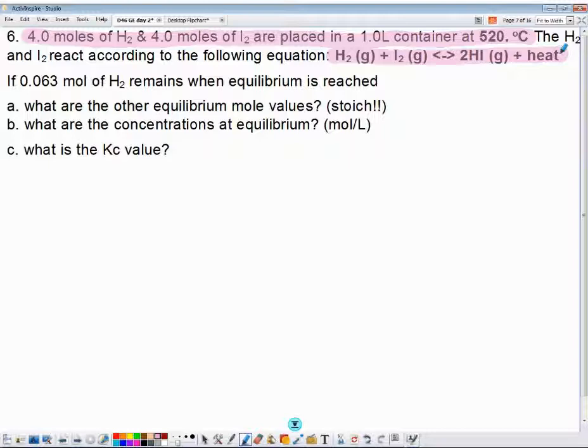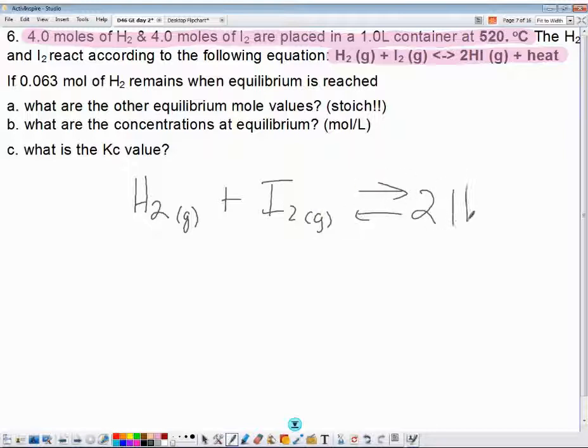I'm going to highlight the reaction. I'm not going to read any farther. Here's the equation. I need you to write down that equation. Need some space with it. Hydrogen plus iodine yields, in equilibrium, 2 moles of HI. They're all gases.